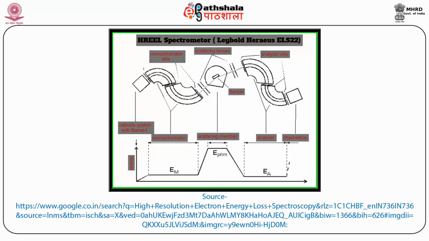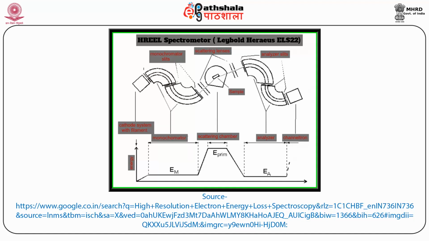The energy in the scattering chamber, E primary, can be varied from a few electron volts to several hundred electron volts. Higher energies are required for the measurement of excitation with a momentum parallel to the surface.